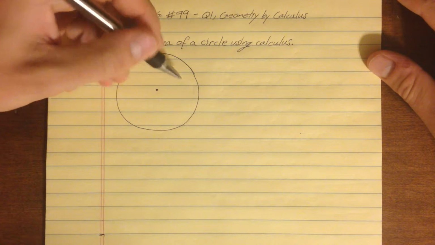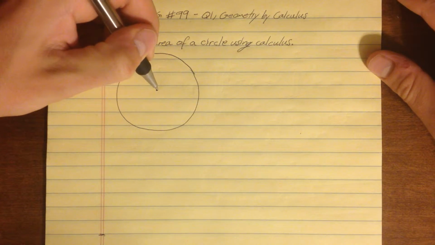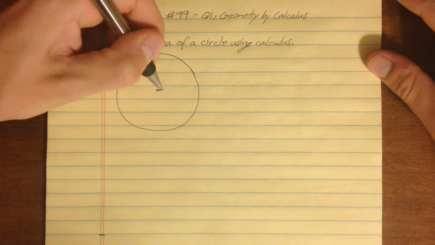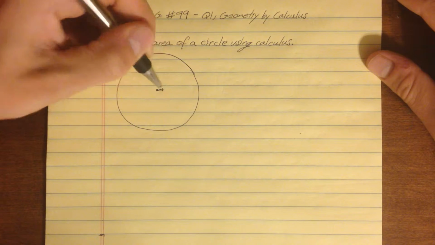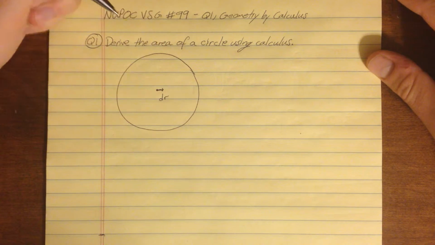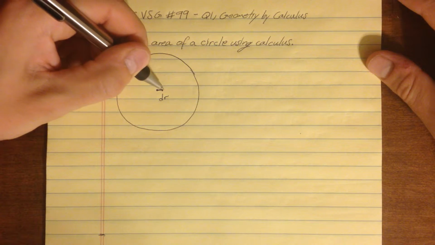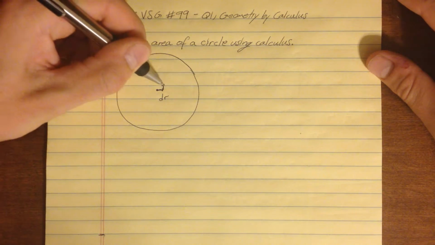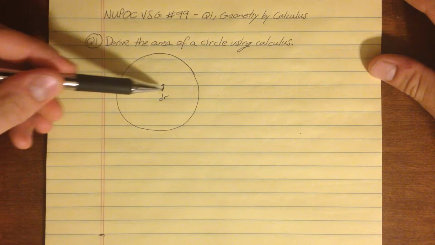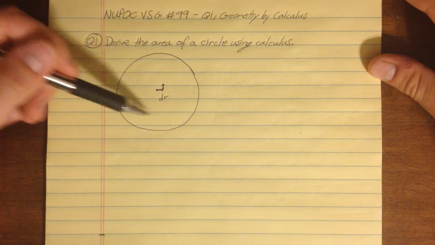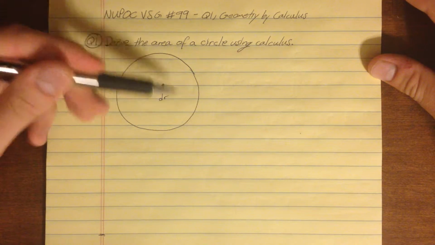So using polar coordinates, I'm going to have a small differential radius pointing out from the center. I'm going to call that dr. And I'm also going to have a differential angle d theta, because in polar coordinates we have r that points out from the center, and then theta, which is our angular displacement around the circle.